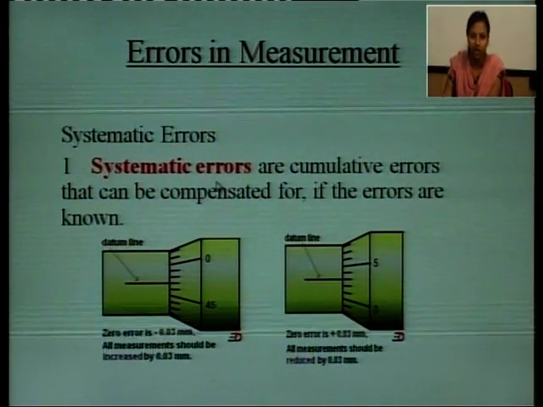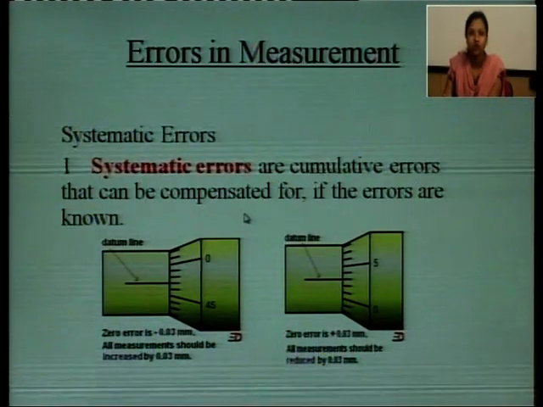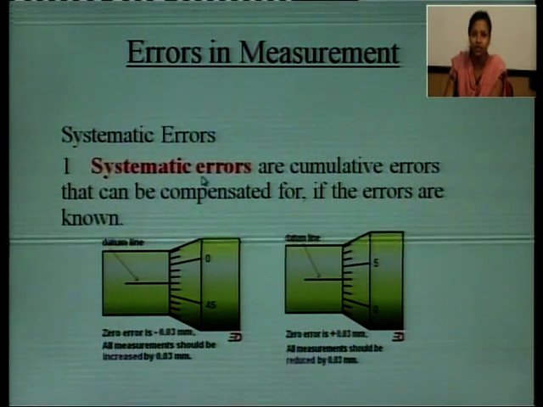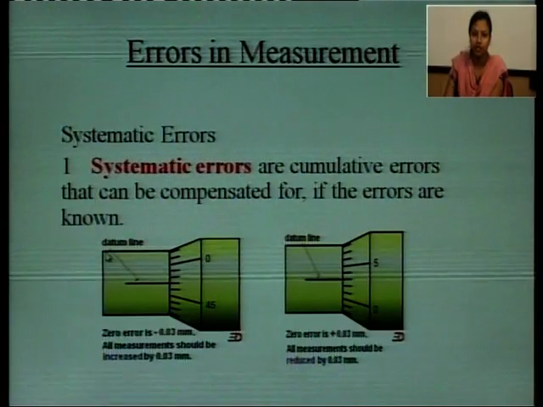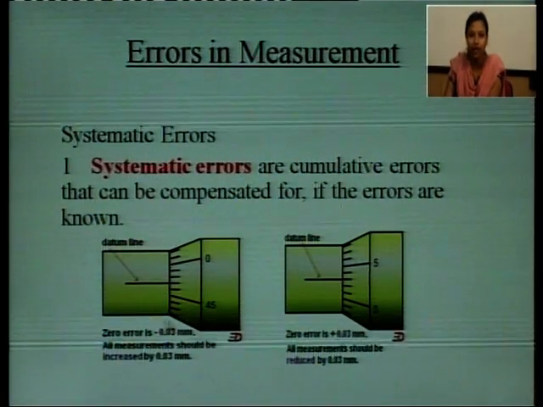So the systematic error we can include in the final measurement. We can assign that this is a systematic error during this measurement if we know the reason behind that error.